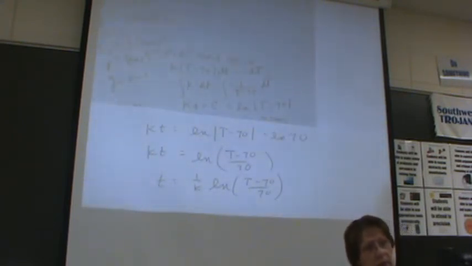Okay, Adam? Shouldn't the ln be negative, because u is going to be positive? But if you come back up here and you let u be the t minus 70, then du is going to be... oh, yeah.